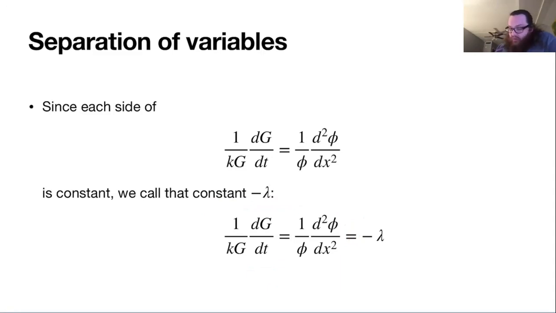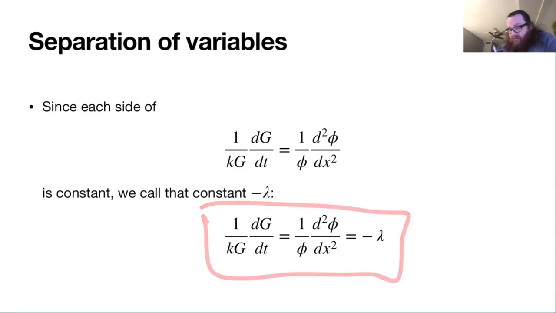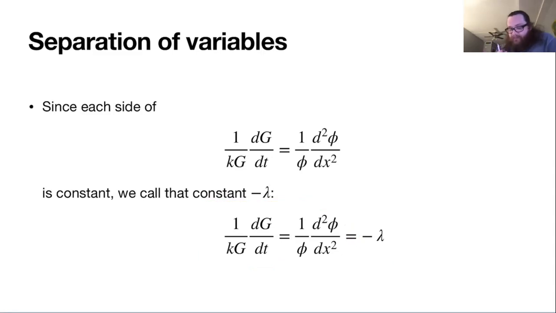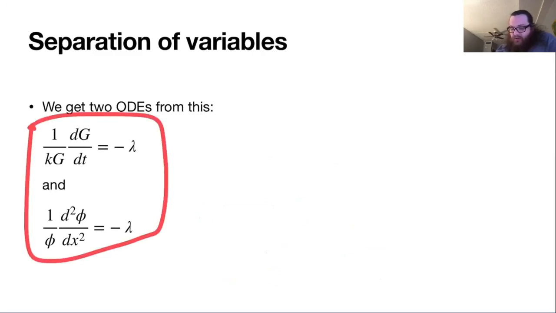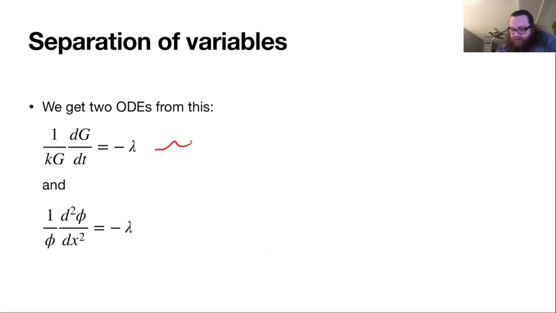So what we've written here actually has two equations hidden within it. This thing is equal to minus lambda, just as this thing is equal to minus lambda. Writing that out explicitly, we get these two ODEs, and then we can take it a step further, move the kg to the other side.